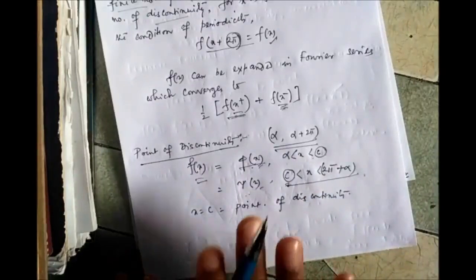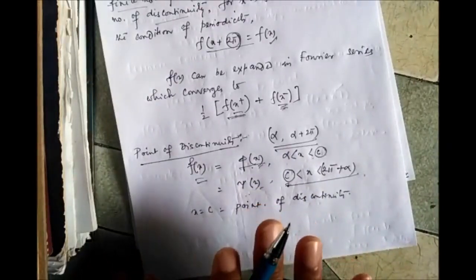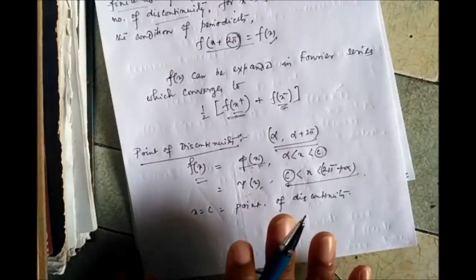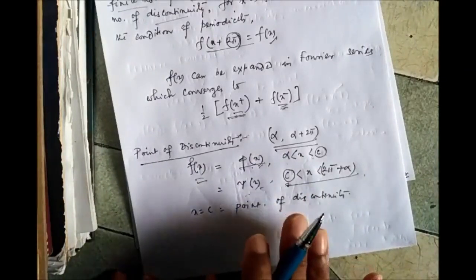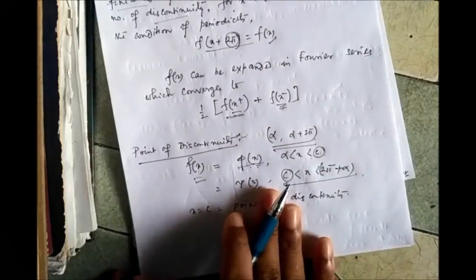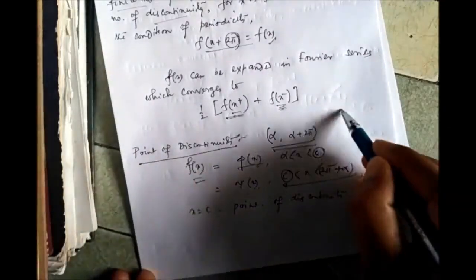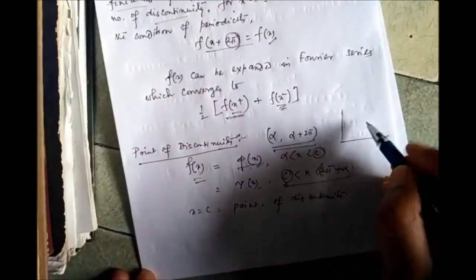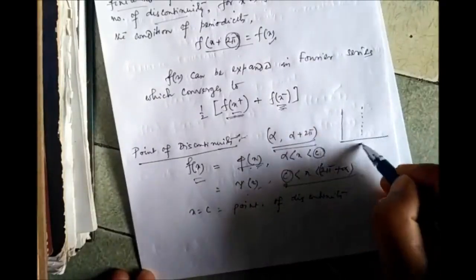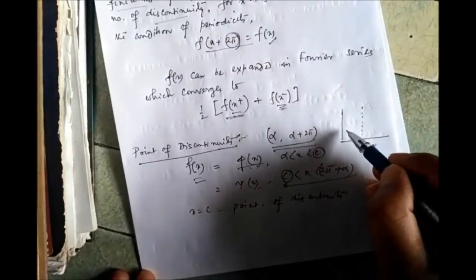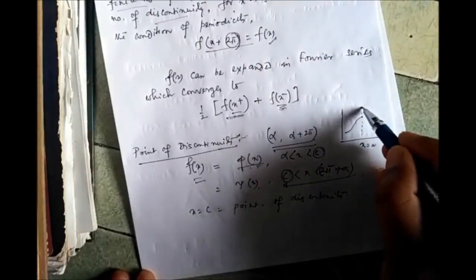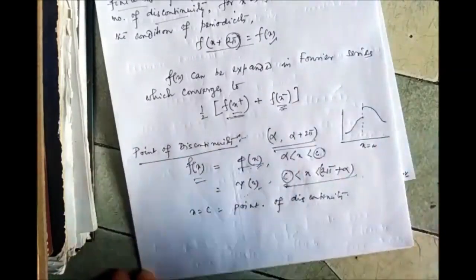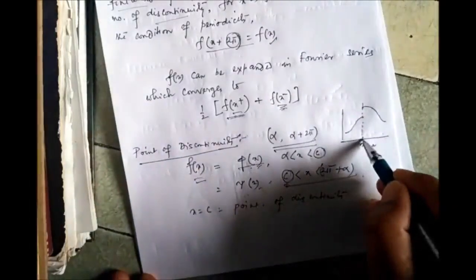So how could you expand this in a Fourier series? No problem, because the function is periodic. Say the function has this form: this is psi(x), for example like this, and phi(x) like this, and this is the point x equal to c.